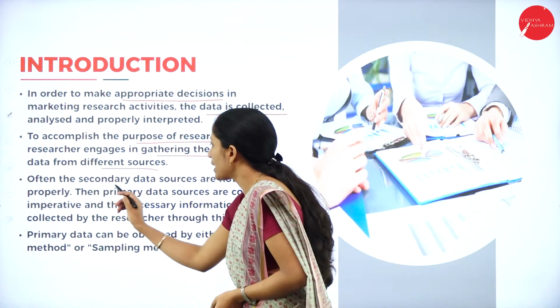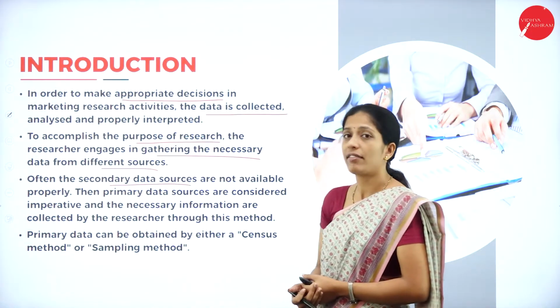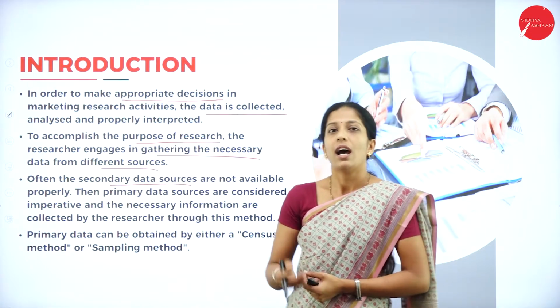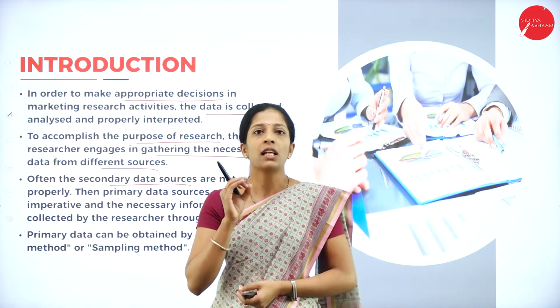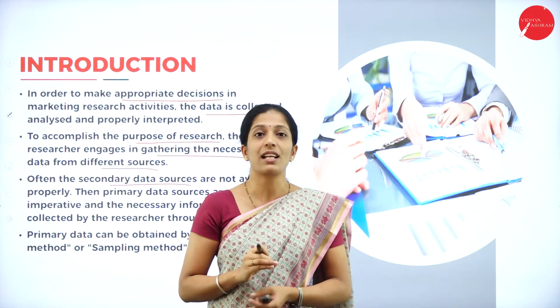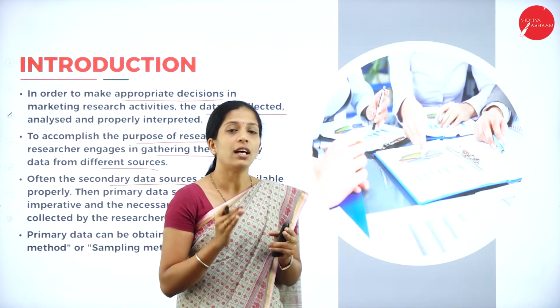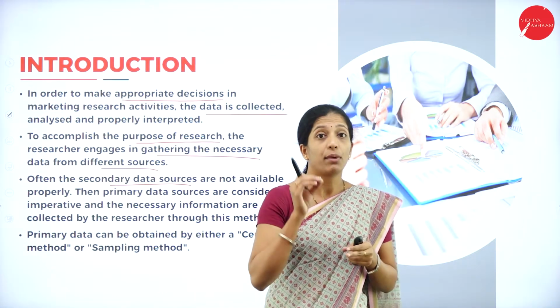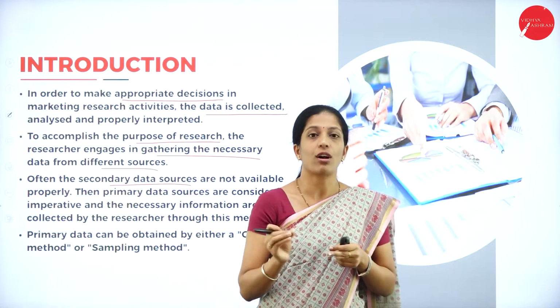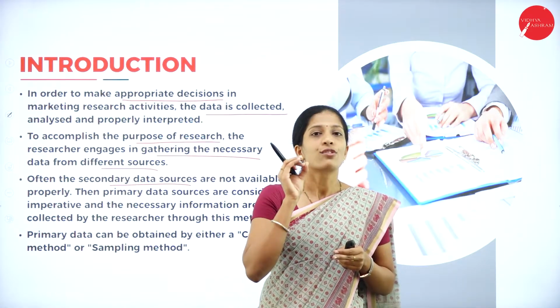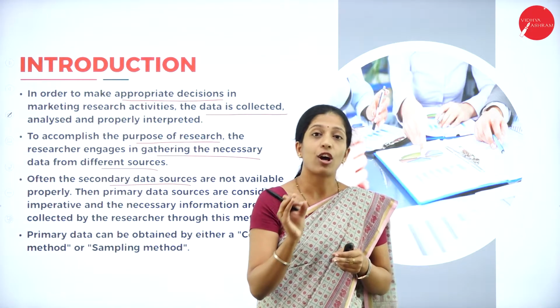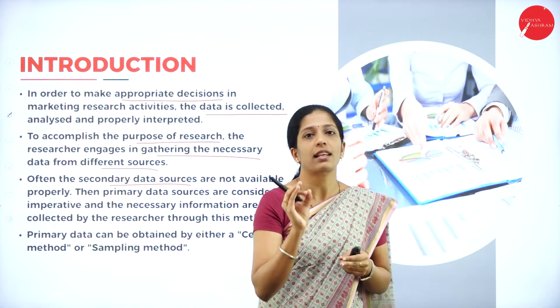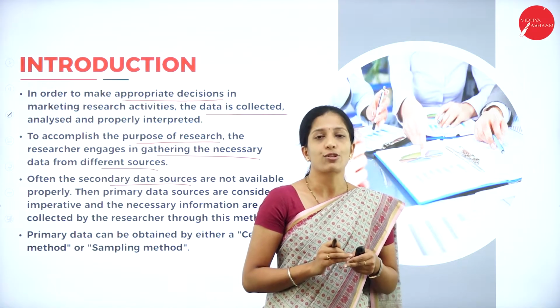Often, the secondary data sources are not available properly. I have already told you the main intention of going for primary data is that the researcher might have chosen a topic, but on that particular topic there may or may not be availability of exact information in the secondary sources.